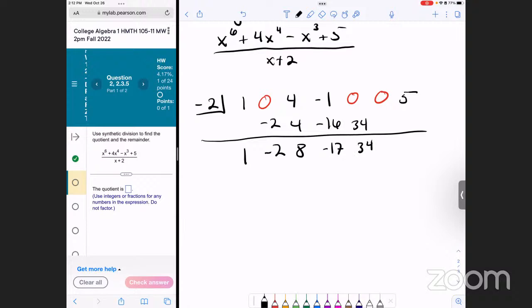What is that? 68, -68. 120 plus 16, 136. So then 141 is our remainder. We started with a degree 6, so at this stage, we have a degree 5. Cubed, squared.